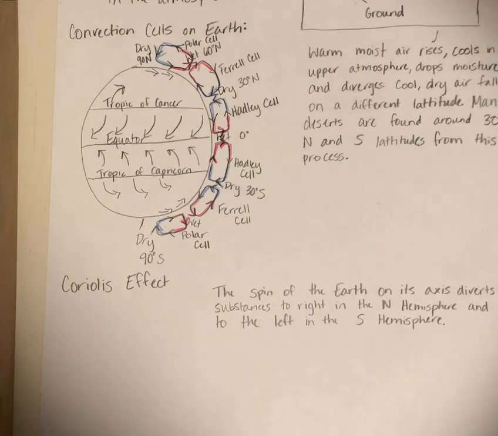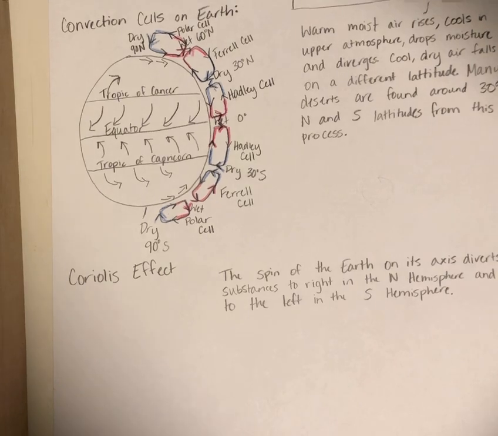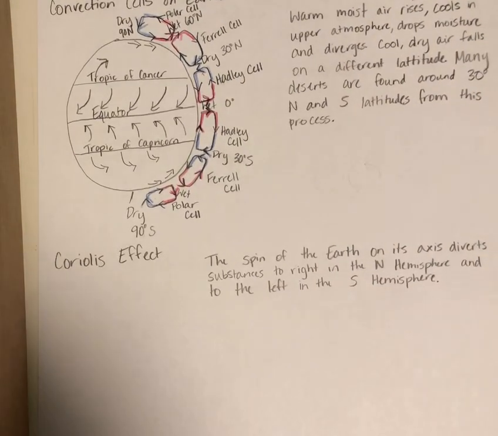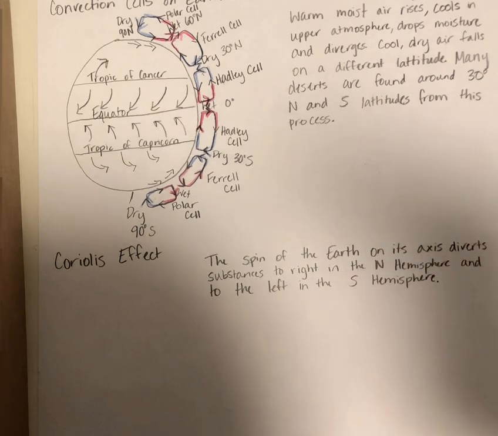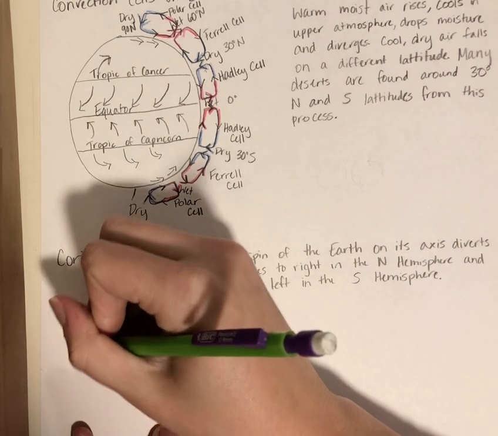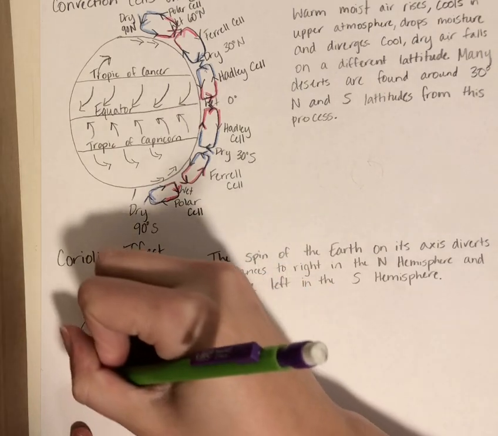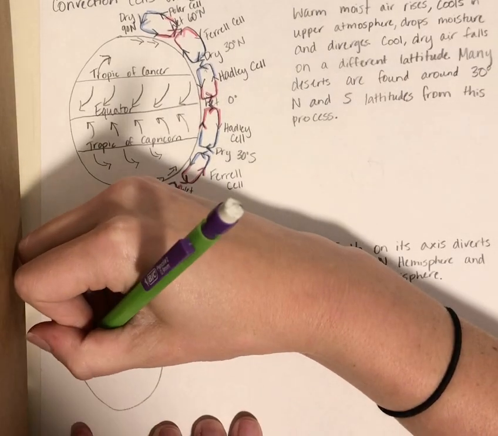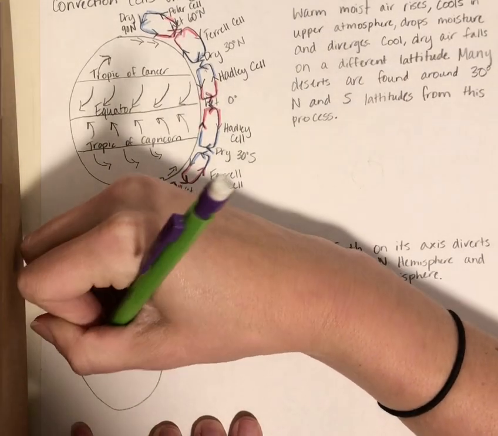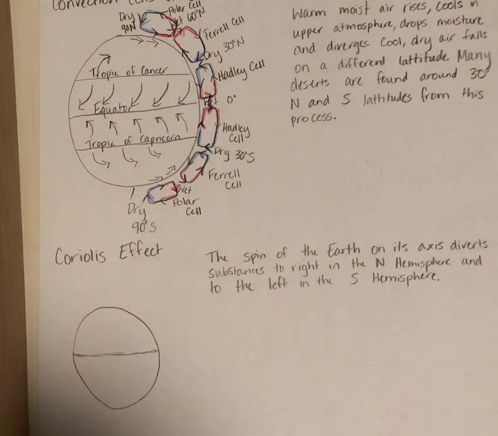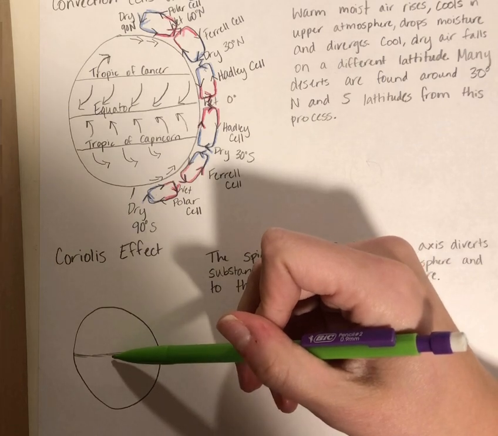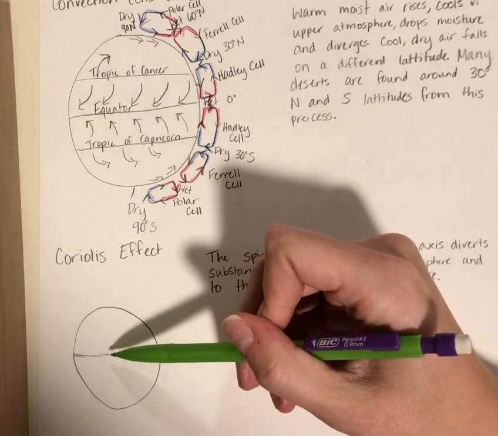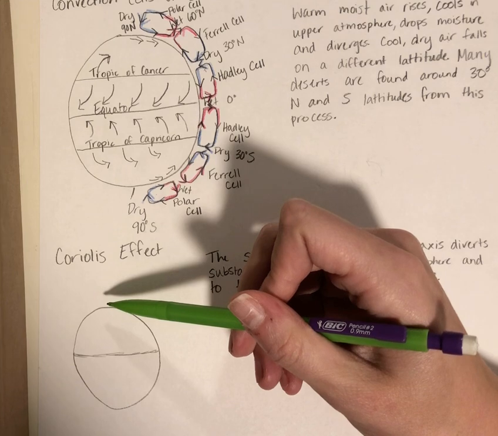So the Coriolis effect, hopefully that didn't cut me off. Okay. So to put it in simple words, the Coriolis effect means that on our Earth, our equator is right here. You would think that if a wind started blowing from the equator north, it would just go straight up.